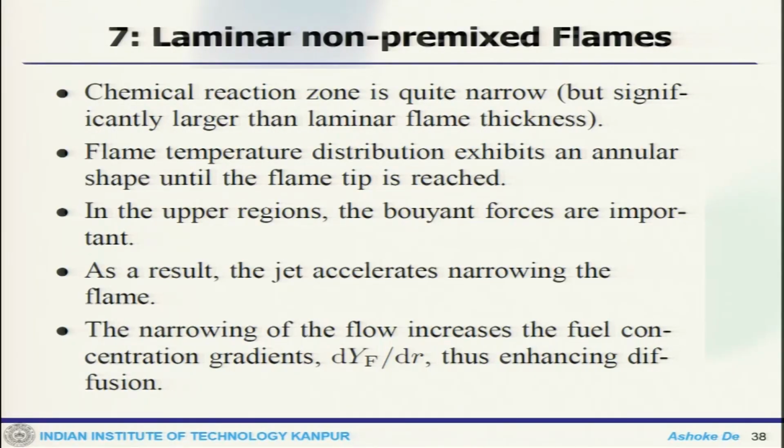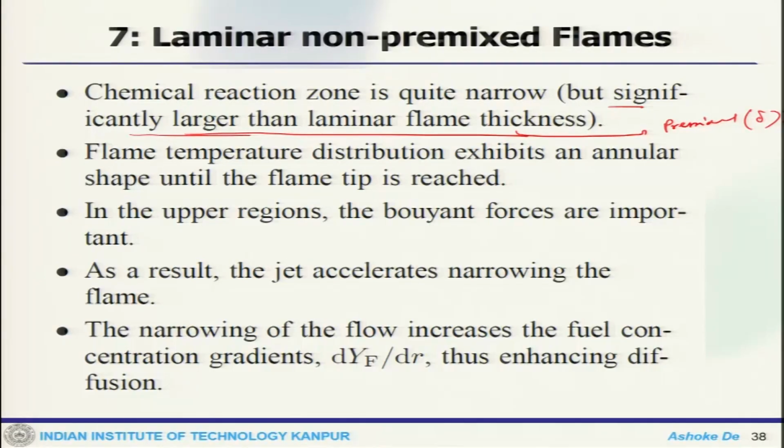Now, also the zone of chemical reaction is quite narrow, but one can see that the laminar flame thickness is significantly larger than the premixed flame thickness, which is delta. Typically, the premixed flame thicknesses are quite small, and that creates some challenges for the modeler. But in the diffusion case, you get a bigger reaction zone.